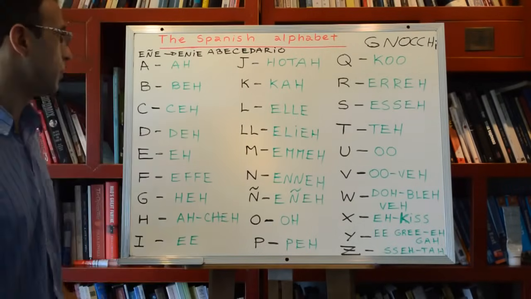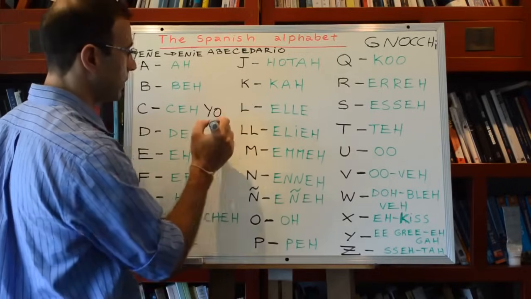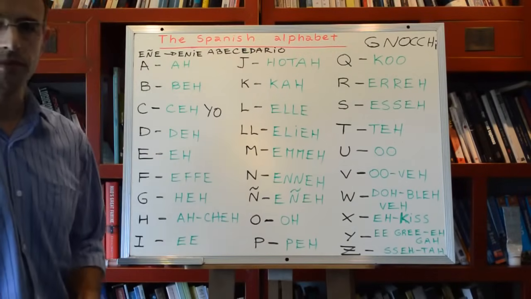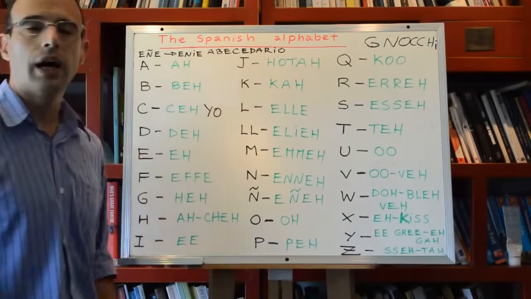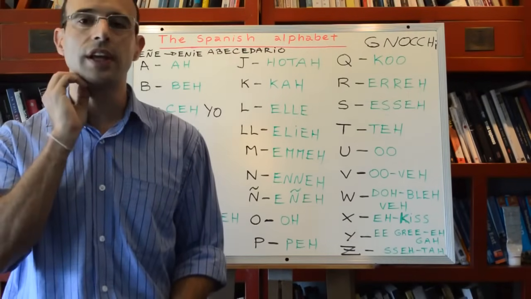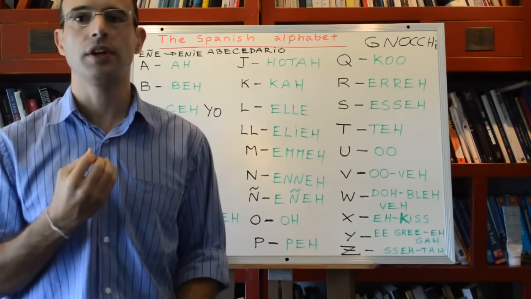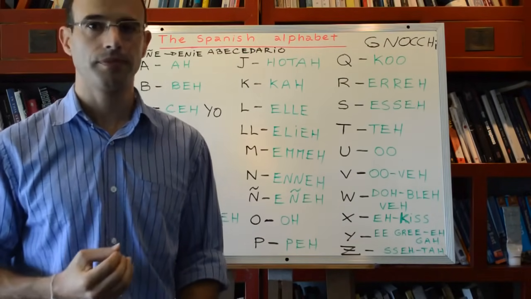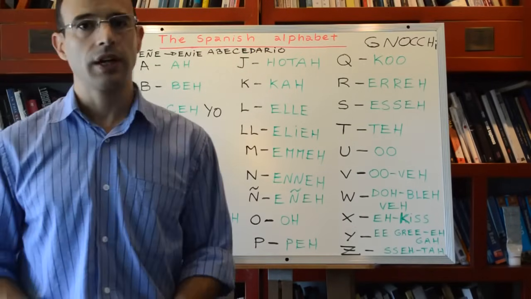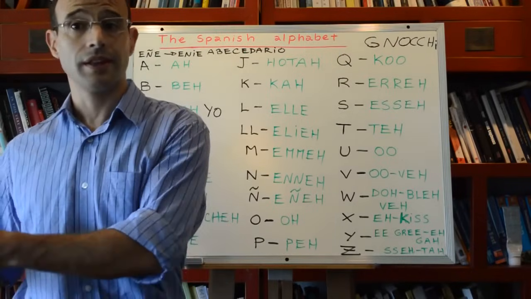So, for example, the pronoun I in Spanish is yo. How do you pronounce that Y? It's like if you were unsticking the back of your tongue from your upper palate. I often hear that English speakers have a hard time pronouncing that.